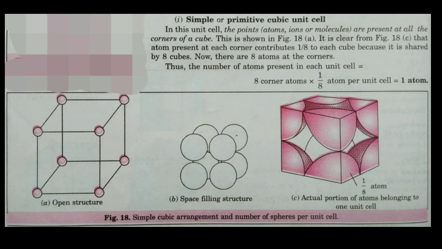Thus, the number of atoms present in each unit cell is equal to 8 corner atoms into 1/8 atom per unit cell. So, the total number of atoms present is equal to 1. Thus, a simple or primitive cubic unit cell has 1 atom per unit cell.